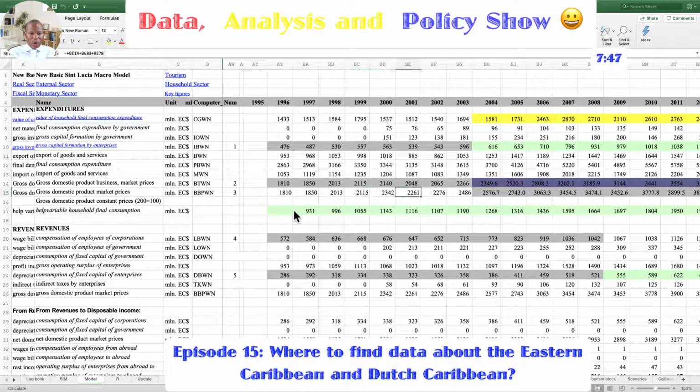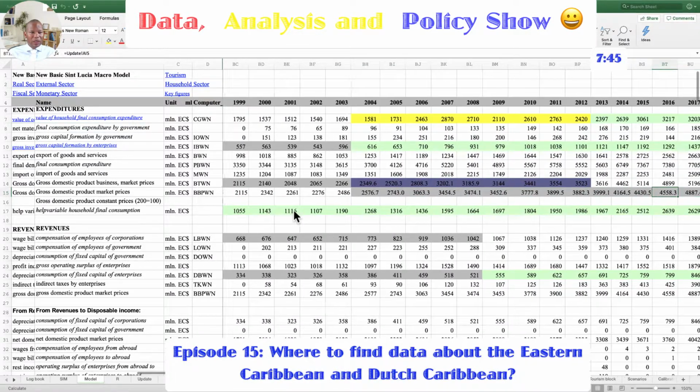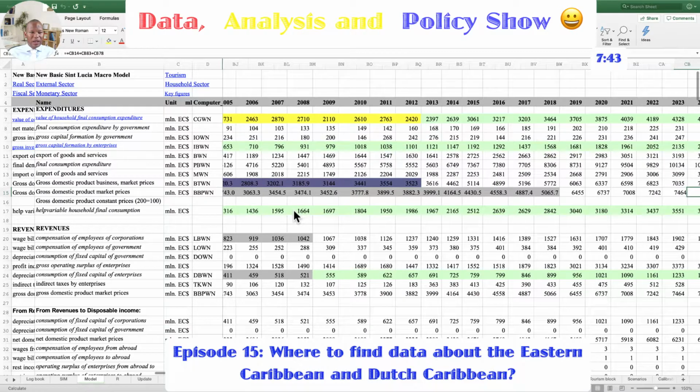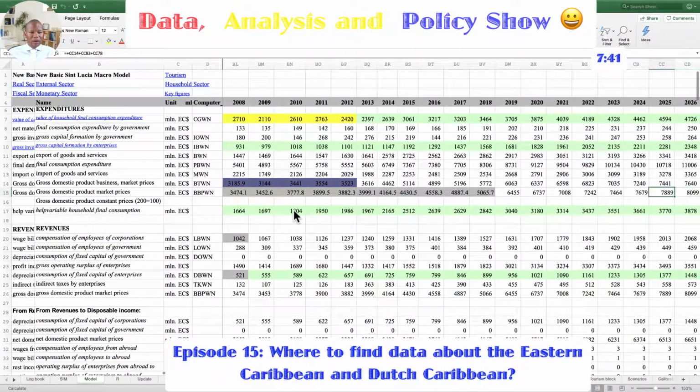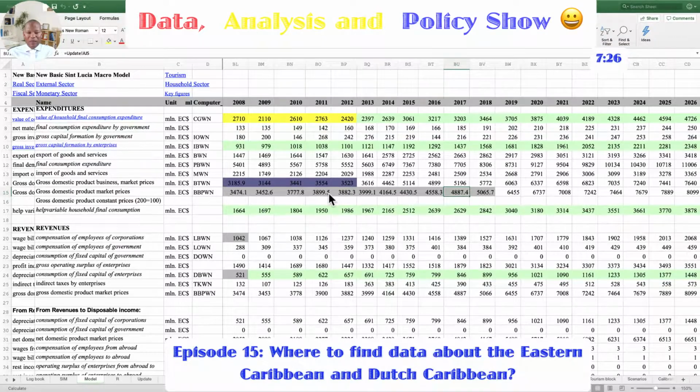And it has grown to about, let me see, are we saying in Curacao? Yes. So 5 billion. That's a lot.